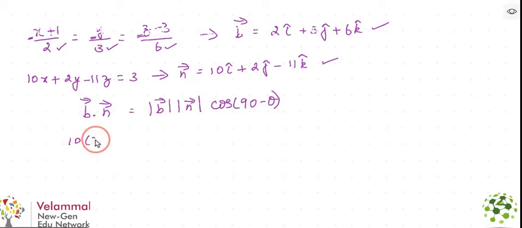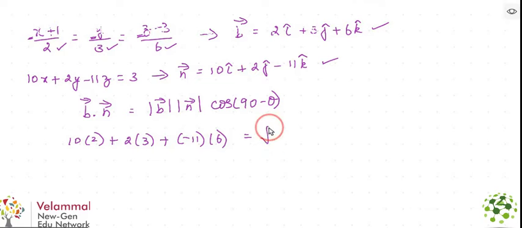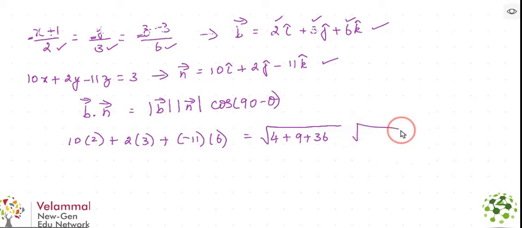So what is b dot n? 10 times 2 plus 2 times 3 plus minus 11 times 6. And what is modulus of b? Square root of 4 plus 9 plus 36, that is 2 square, 3 square, 6 square, times the modulus of the normal vector, square root of 100 plus 4 plus 121. And what is cos of 90 minus theta?